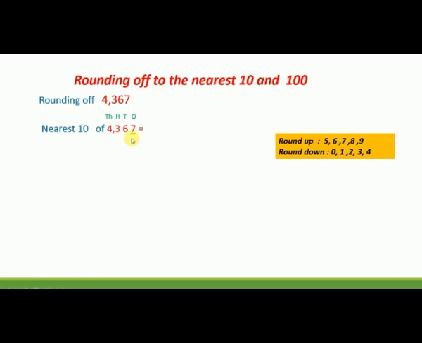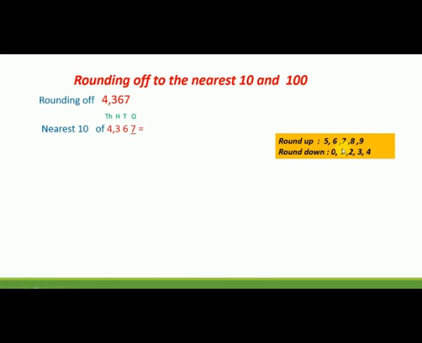So underline the ones place. Now in the ones place we have the digit 7. 7 is greater than 5, right? You can also look at the round up and round down list. So the digit at the ones place is 7.